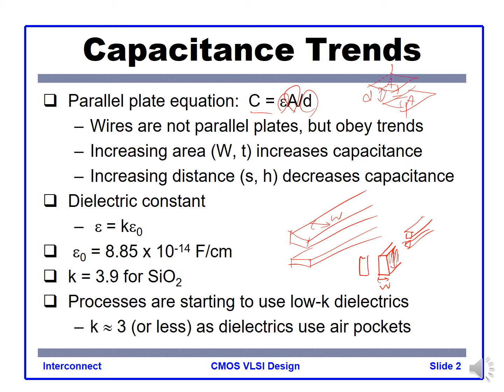So if we have two lines running in parallel, the capacitance between them will be greater than the capacitance between the metal layers, because it has more area. So we have to avoid parallel wires, or separate them far enough apart to minimize this sidewall capacitance.